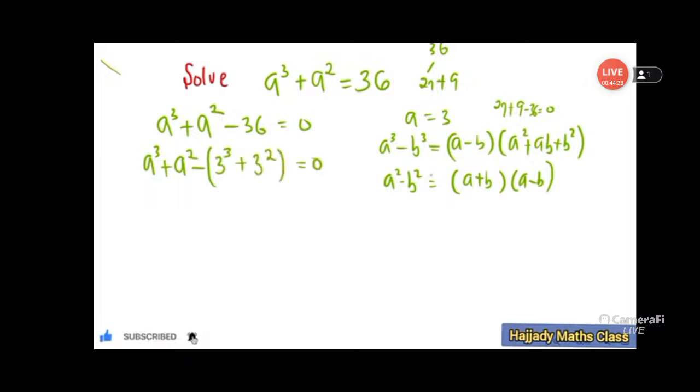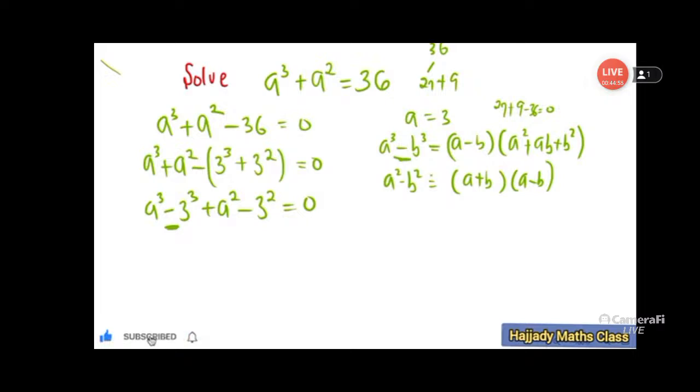From here, this can be simplified further as a raised to power 3 minus 3 raised to power 3 plus a raised to power 2 minus 3 raised to power 2 equals 0. Now, with a raised to power 3 minus 3 raised to power 3, we can use the rule of a cube minus b cube.